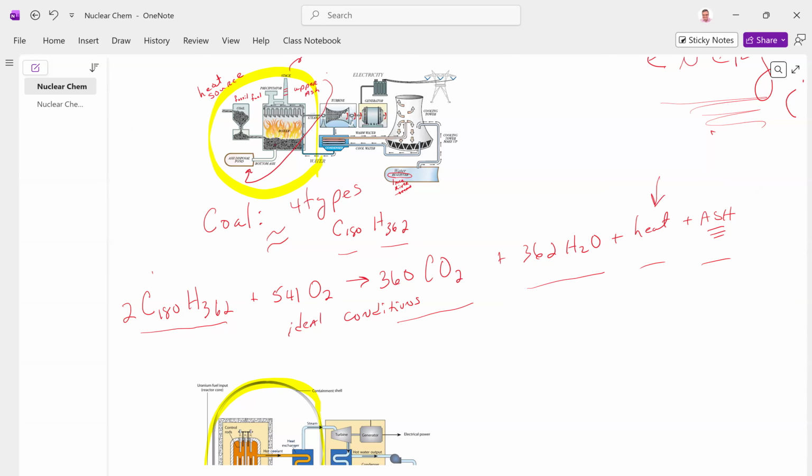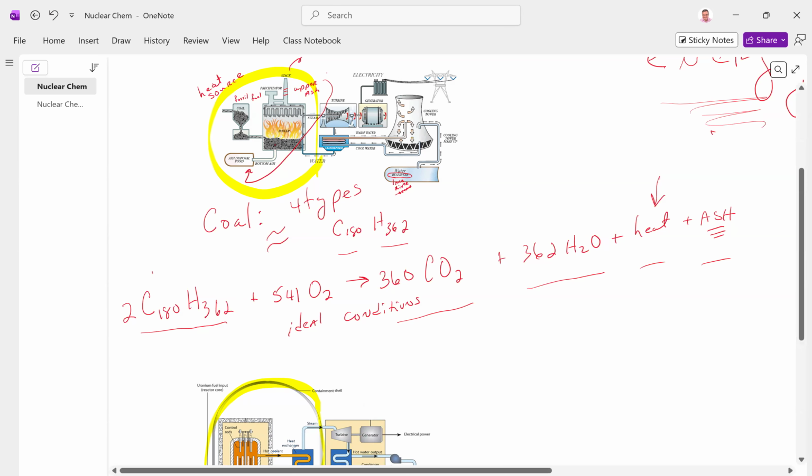And then we have one of the byproducts of using particularly coal. We also have it with oil, not so much with natural gas. Natural gas is the cleanest of the 3. But with coal, they always talk about this clean coal, which is an oxymoron.